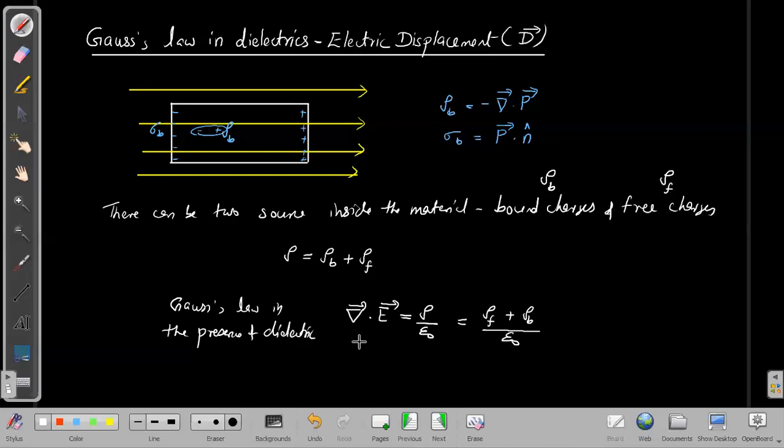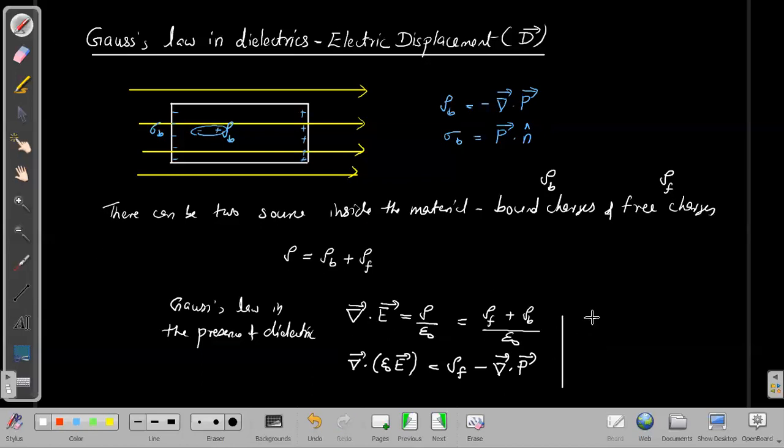We can rearrange this equation. I can write it as del dot epsilon zero times E equals rho f plus rho b, and rho b is nothing but minus del dot P. Now this minus del dot P can be taken to the left side.